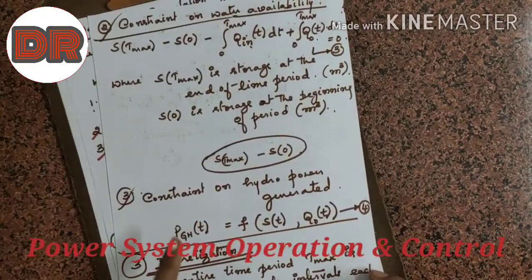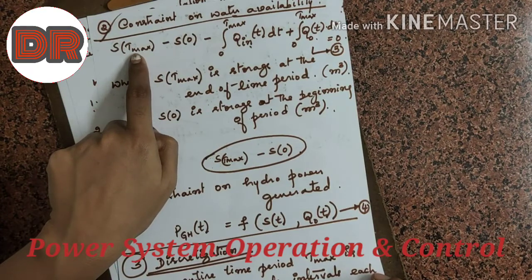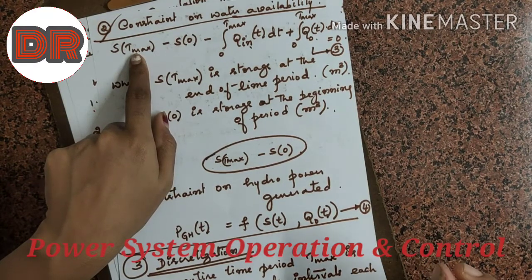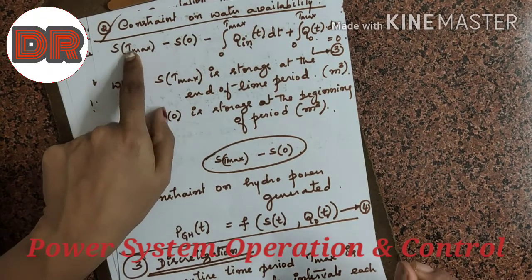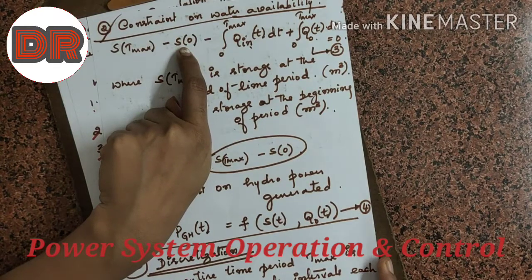We had taken here ST max. T max will be the end of the time interval or the time period. But if I am taking a particular interval, that is the kth interval, at the end it is K. So what will be the beginning of the time interval? It will be K minus 1.